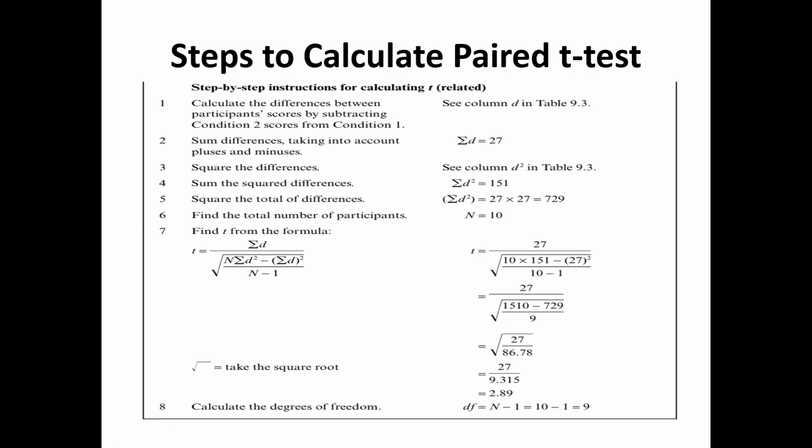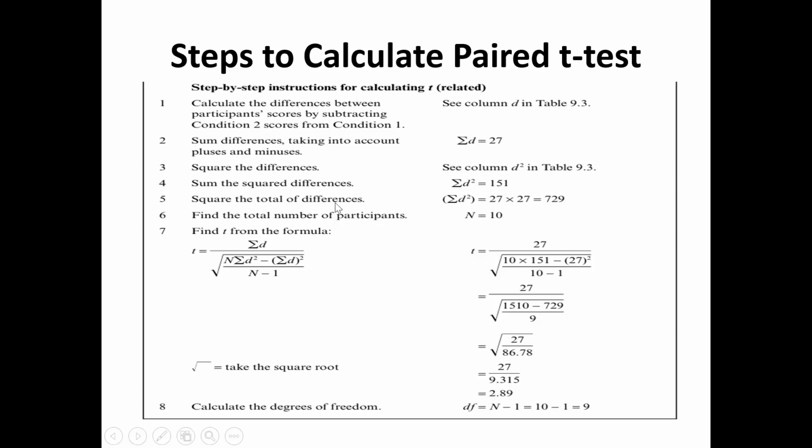We have done that. We saw it in Table 9.3. Then we sum the differences and also square the differences. We sum the differences here, we got 27. Then you square the differences, and then you sum the squared differences. We have done all this from the table there.